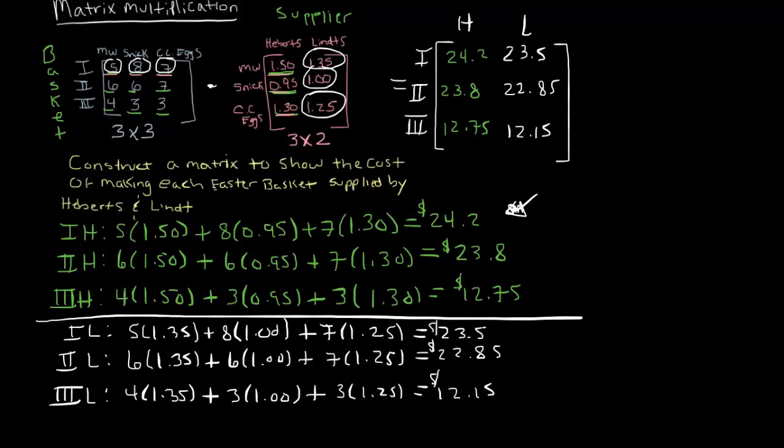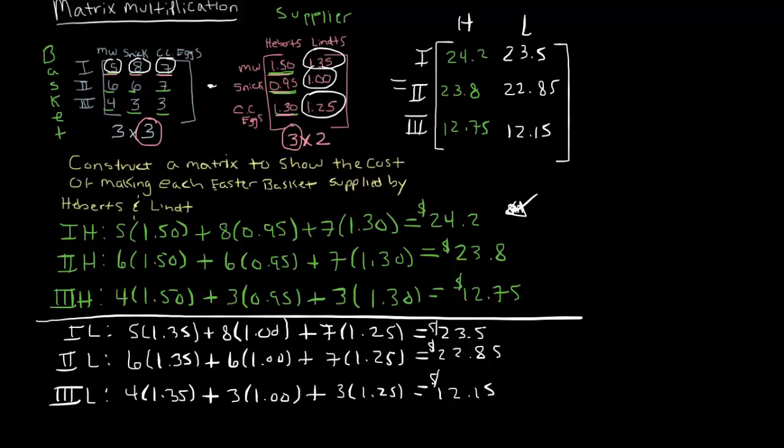As you're moving across the row, you'll notice that you have 3 entries. That's because there are 3 columns. The reason we can move down 3 entries on the right-hand matrix is because there are 3 rows in that matrix.